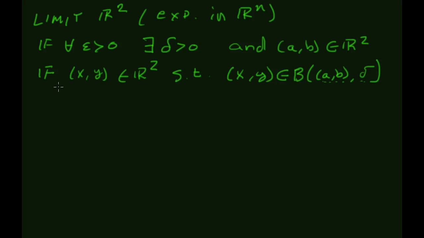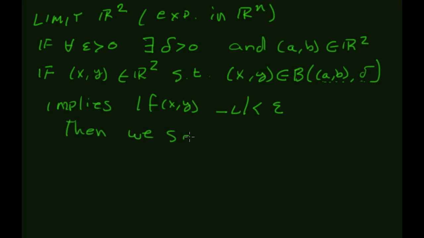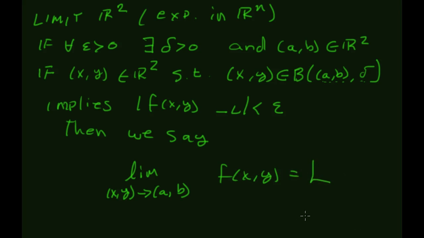Okay, so if I'm inside that ball, if that implies that |f(x, y) minus L| is less than epsilon, then we say that the limit as (x, y) approaches (a, b) of f(x, y) is equal to L. Alright, so this is very similar to the limit definition we used for two-dimensional y equals f(x) functions.